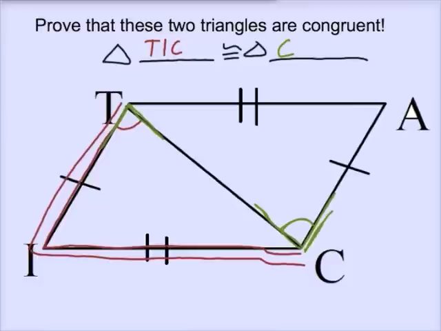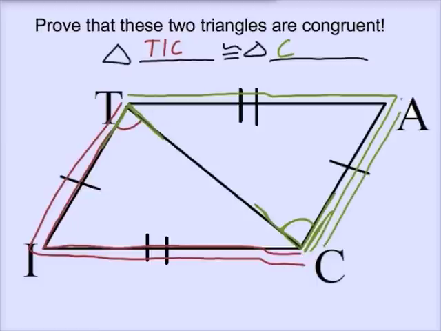In the green triangle, the one off to the right, we're going to follow 1 tick mark, head towards the second congruence tick marks. So triangle C is where we'll start, head toward A, end up at T. C-A-T. So we want to prove that triangles CAT and TIC are congruent.